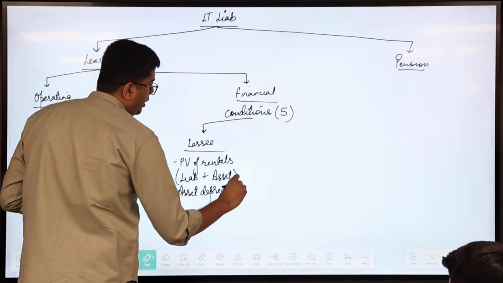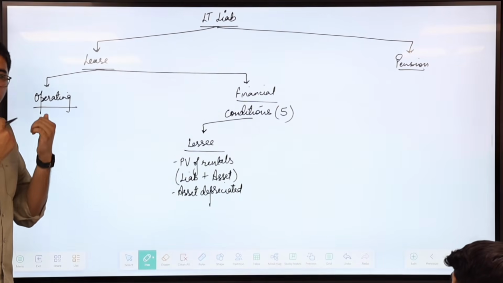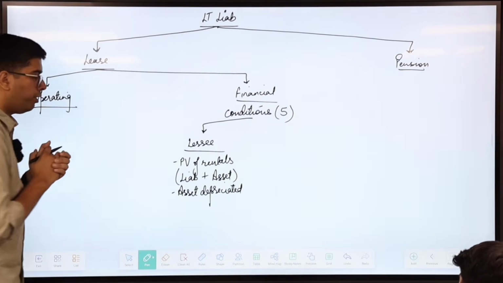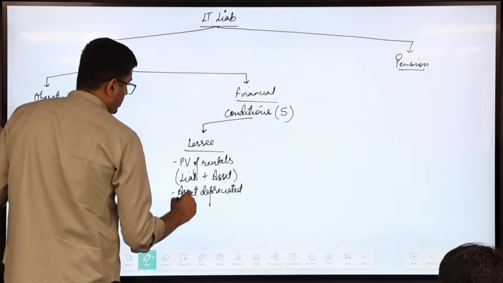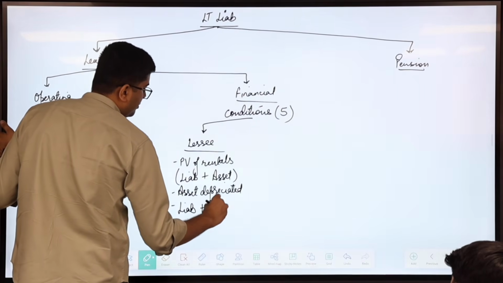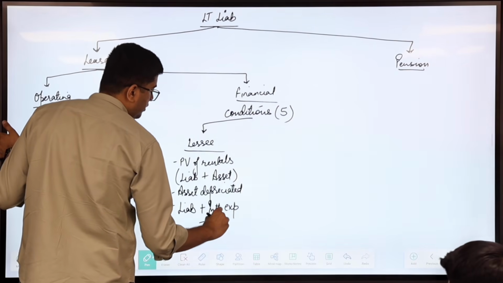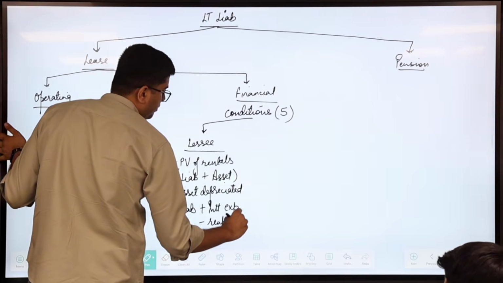Apart from the fact that at start both have to be equal, once you report them, it is up to the management how they want to report the asset. The liability will be increased by interest expense and reduced by rental paid.